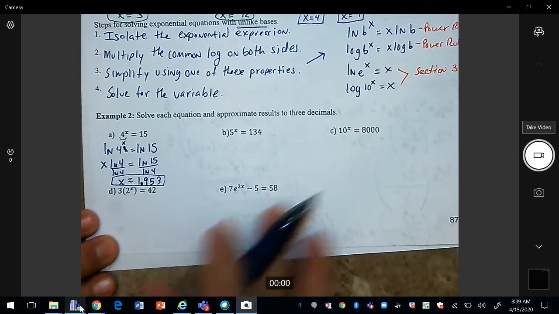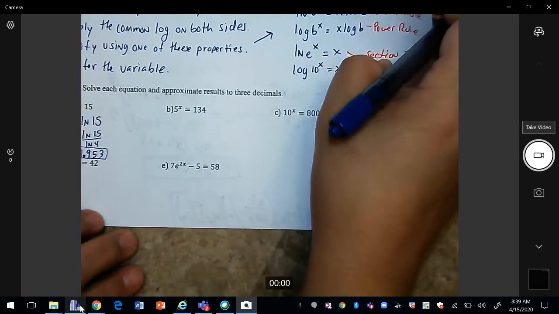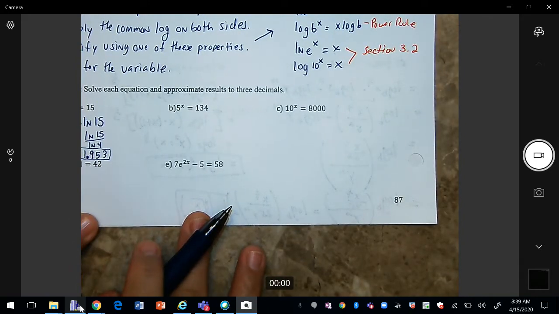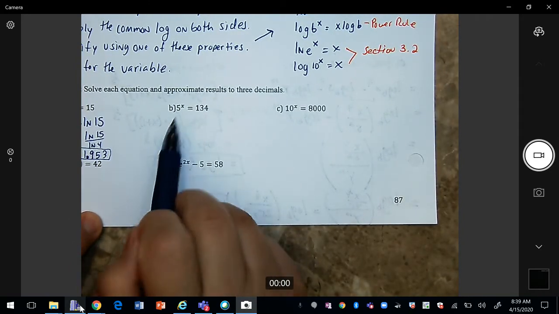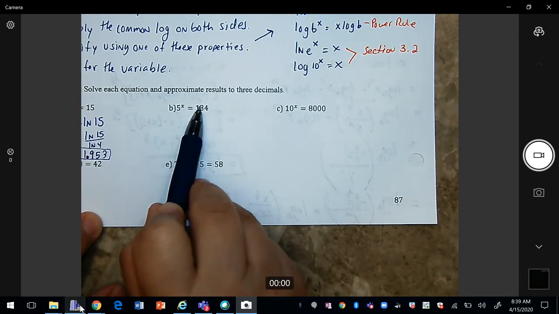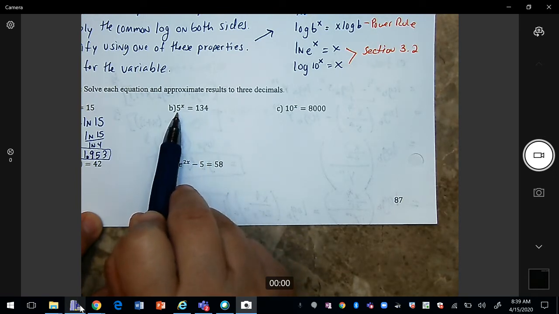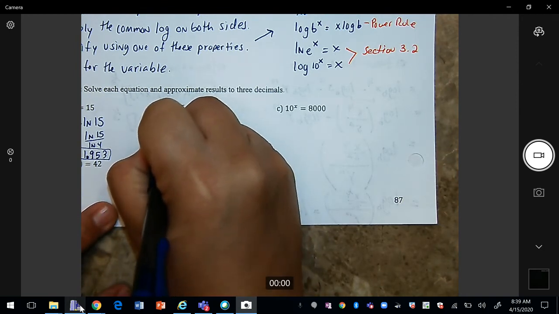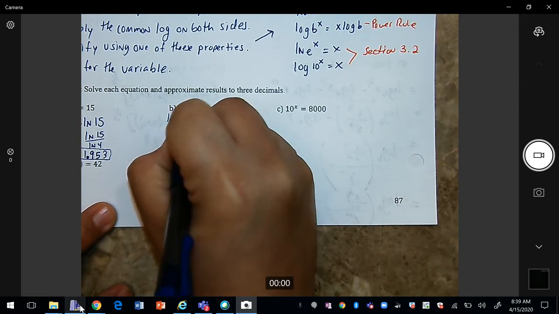Number 5. So first you can check, can you make 134 have base 5? And in this case we cannot. So we're going to multiply by natural log on both sides.